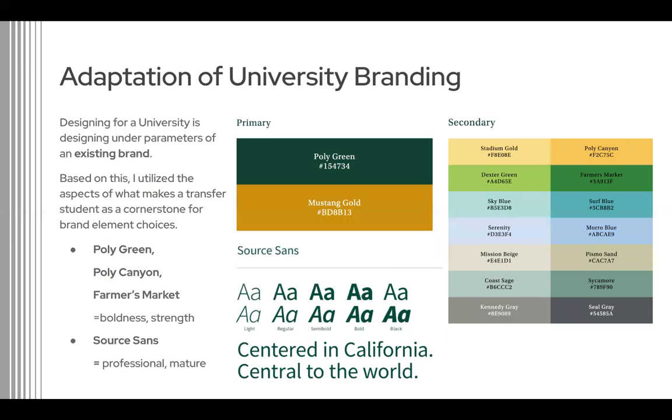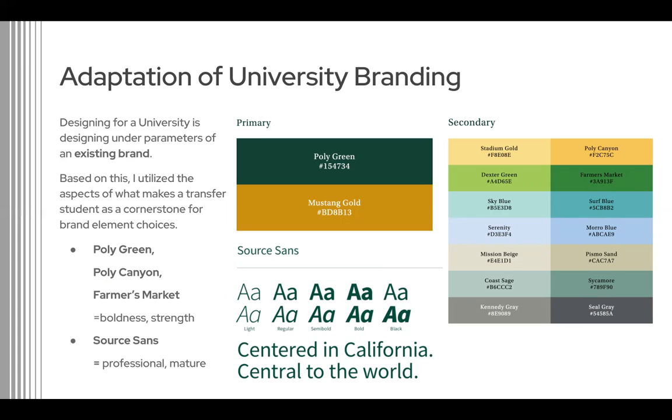Now, as I am designing for a university, there are parameters that I must follow, an existing brand. Based on this, I utilized the aspects of what make a transfer student as a cornerstone for brand element choices. As discussed, these are students who need to be advocated for and taken seriously.